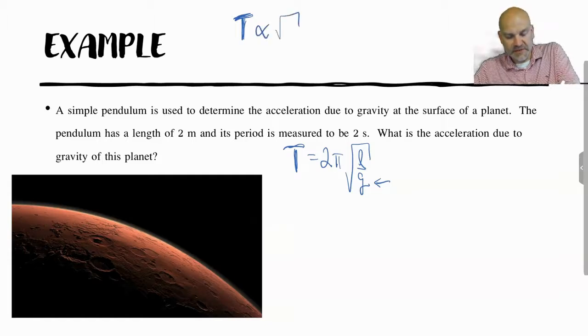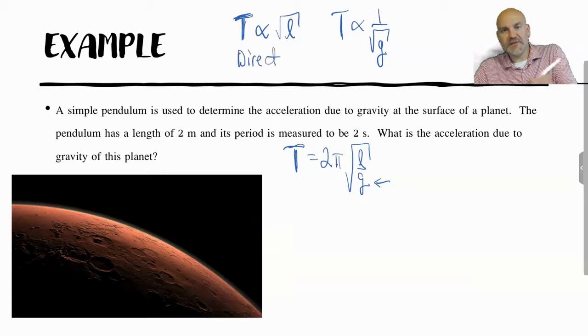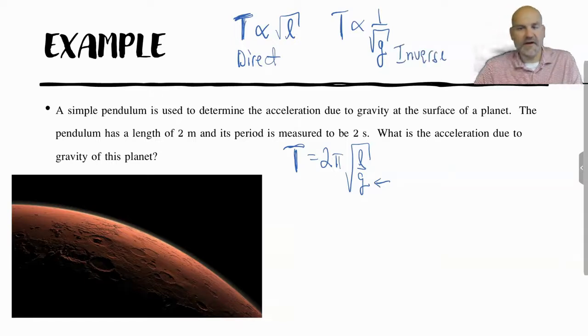Looking at the relationships, T is directly proportional to the root of L, and T is inversely proportional to the root of G. So if I increase the length of the pendulum, I increase the time. And these are inverse, which means if I increase G, T will go down, and if G goes down, T will go up.